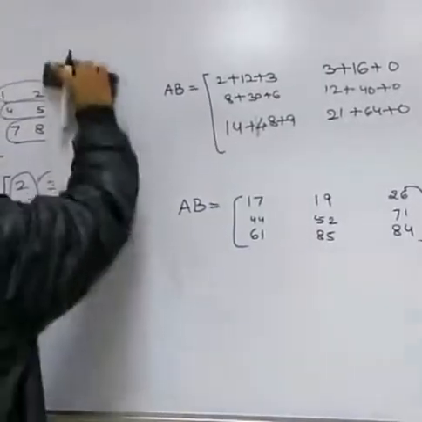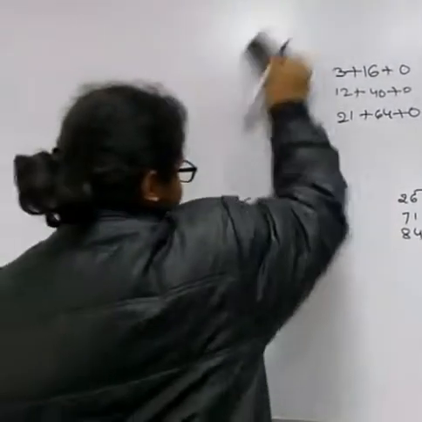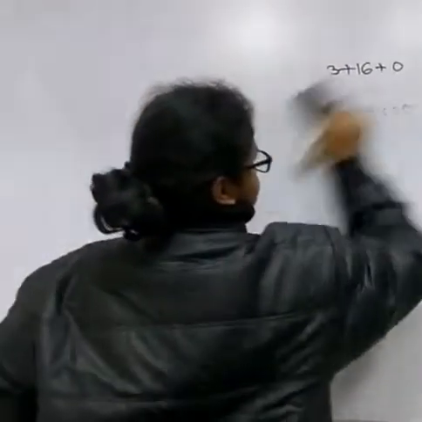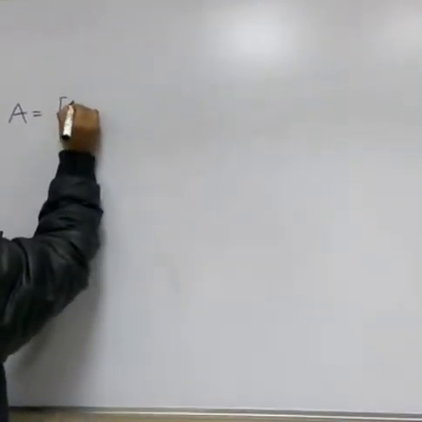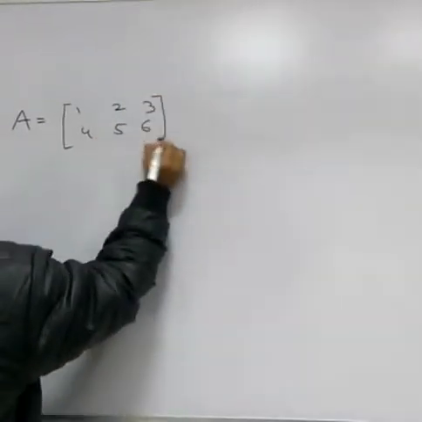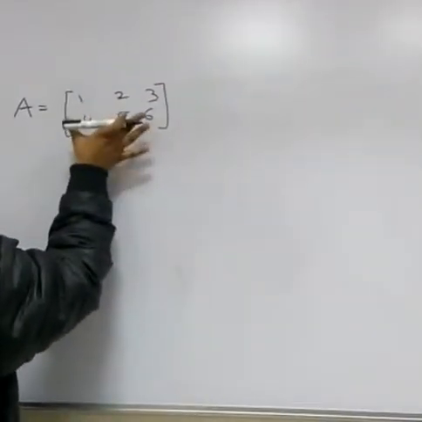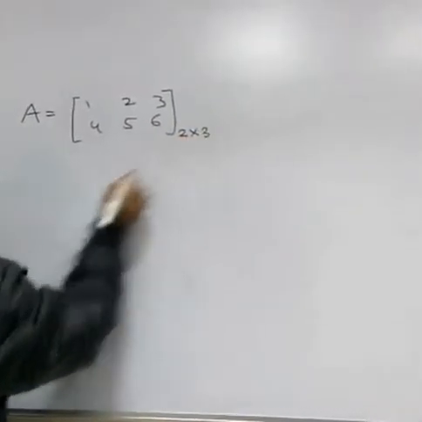We can take another example which does not have square matrices. So let A be equal to a matrix that, as we can see, has 2 rows and 3 columns, so it is a 2 cross 3 matrix.